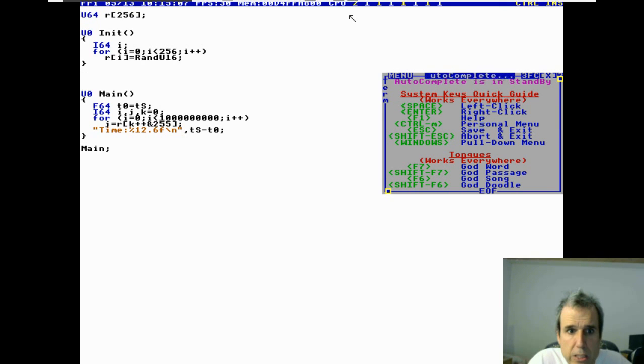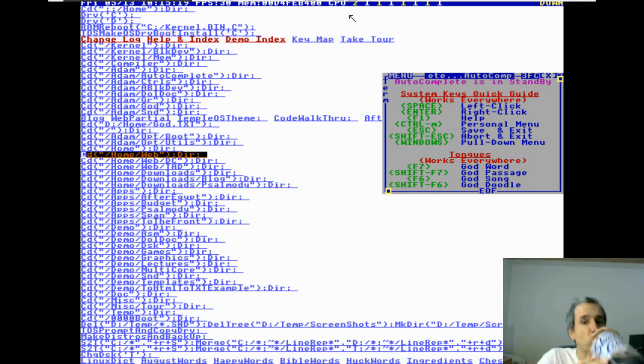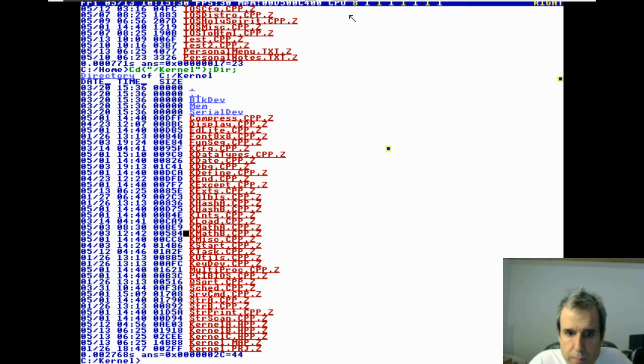We can put it into the dither H line. Okay, kernel. Here's the random numbers.